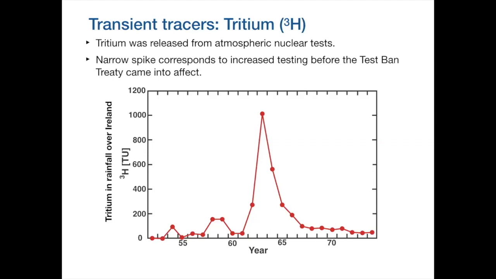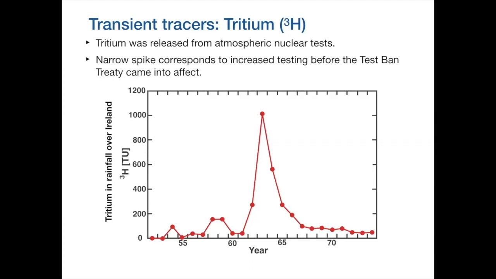So in the lead up to that, a lot of nuclear bombs were set off in the atmosphere, and that sent material way up into the stratosphere, and this tritium eventually, a couple of years later, made it back down into the troposphere where it could get into rain.